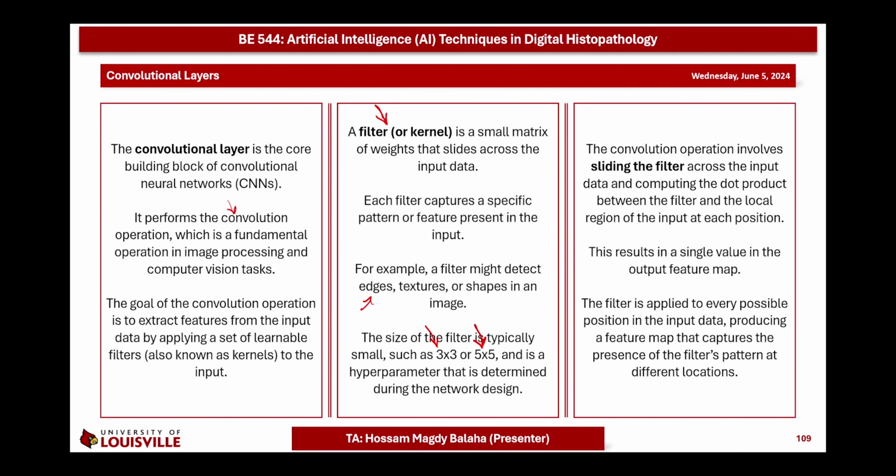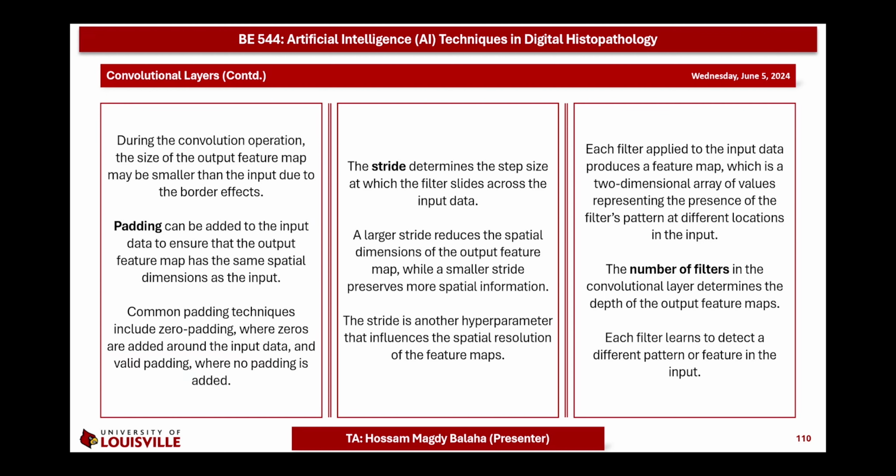Sometimes the size of the output feature map may be smaller than the input due to the border effects. So padding is introduced in that case. Padding can be added to the input data to ensure that the output feature map has the same spatial dimension as the input. So instead of using 512 by 512 input data, you can pad the boundaries of it with values.